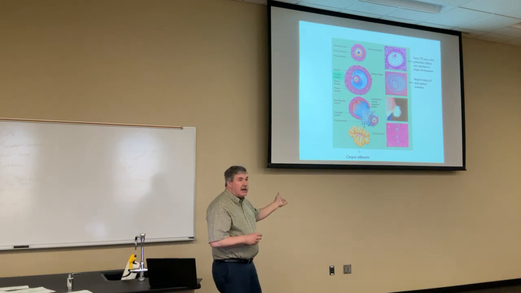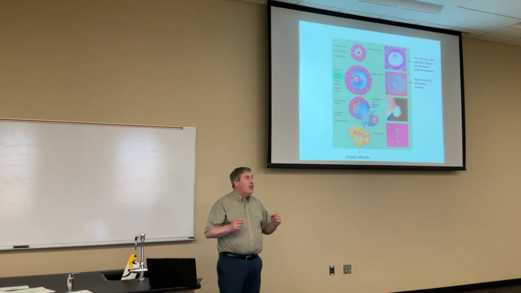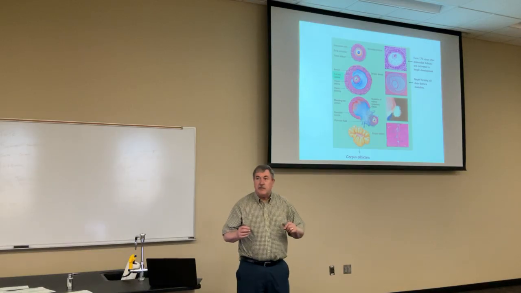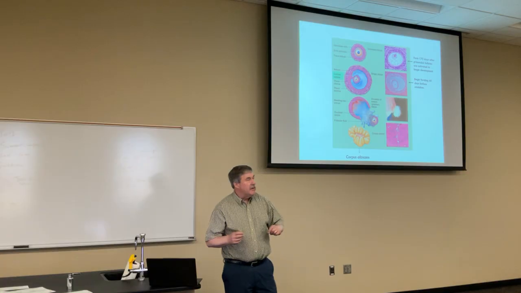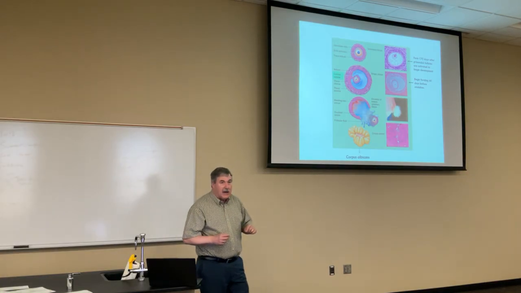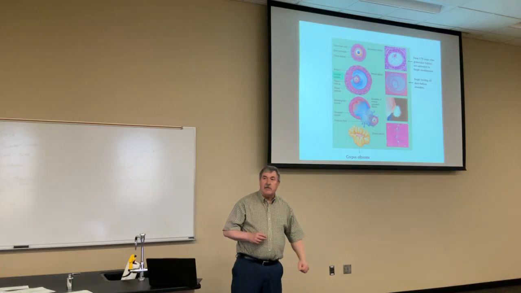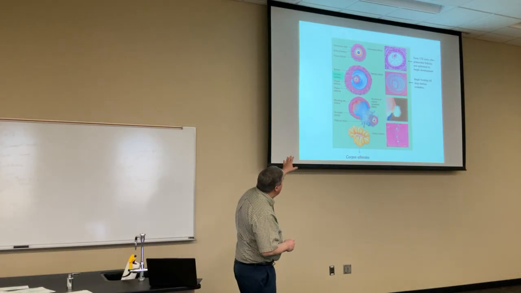The sperm does not contribute any mitochondria ordinarily. Now, I've heard of 1 or 2 exceptions that have been found in humans, but it's extremely rare for that to happen. 99.99% of the time, all the mitochondria come from the mother because they're already found in the egg.